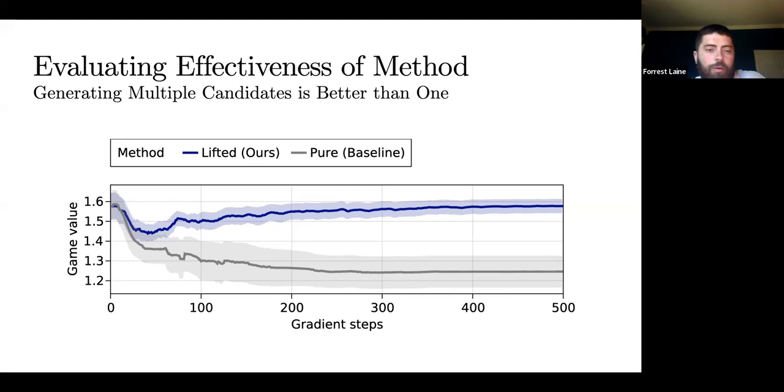So the single number quantifies how both players are doing. What you see here is that the game value is higher for our version than the baseline, which in this case corresponds to the evader playing better than before.